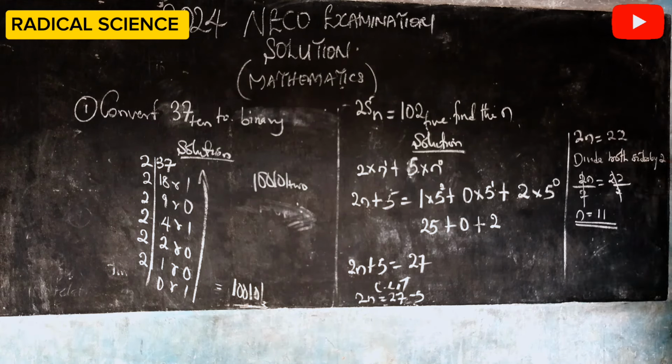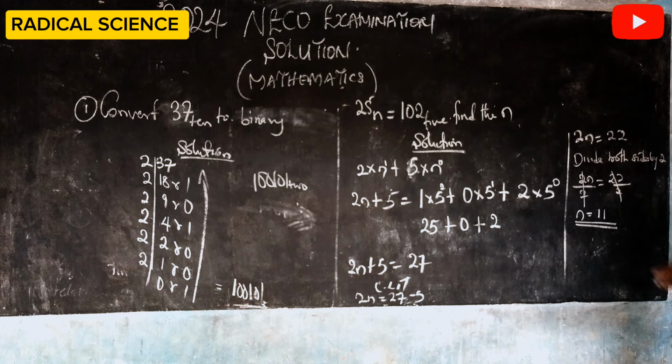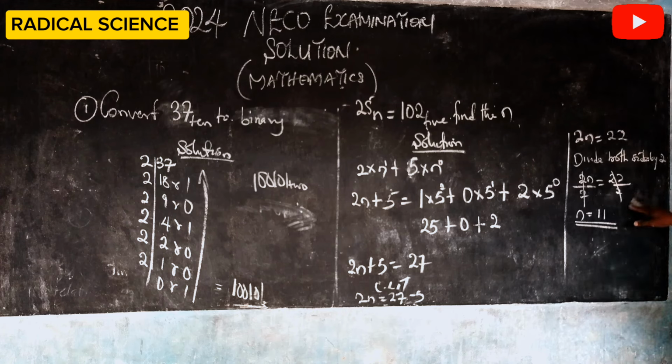Dividing both sides by the coefficient of n, which is 2, we have 2n over 2 equals 22 over 2, and n will be 22 divided by 2, which is 11.